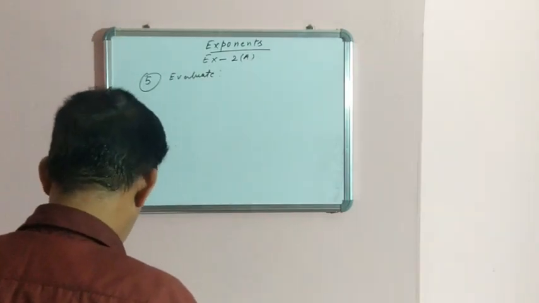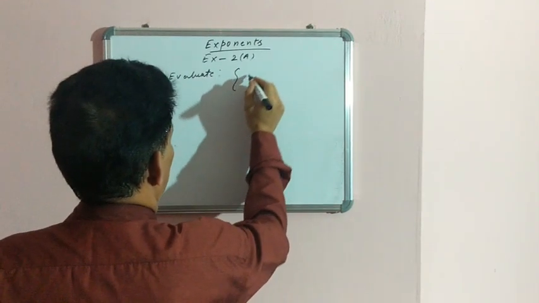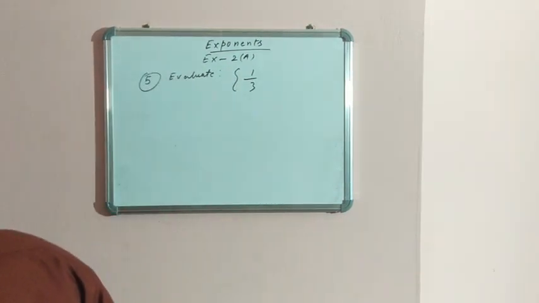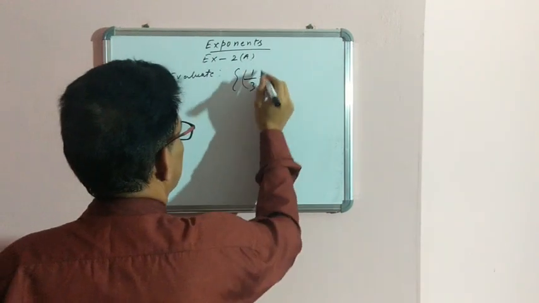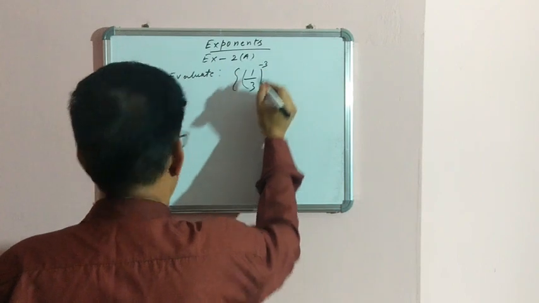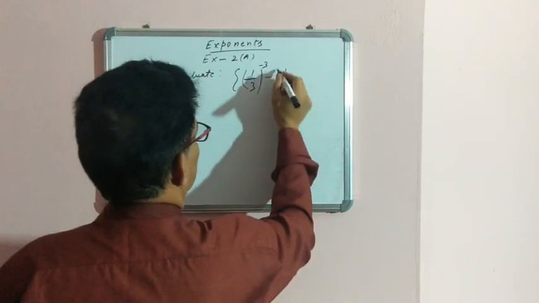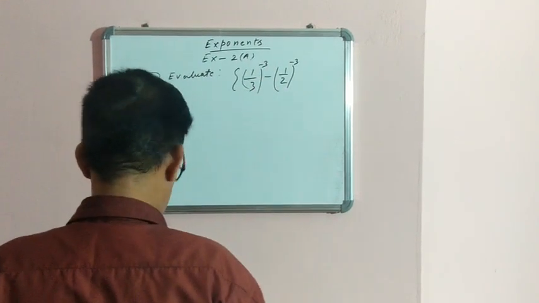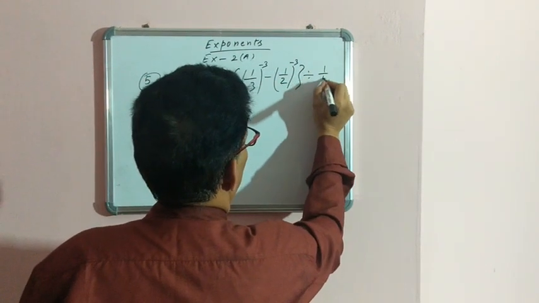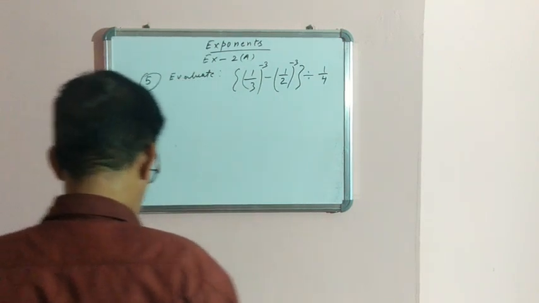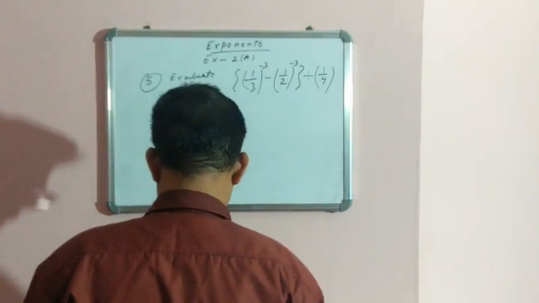Now we are solving question number 5. Evaluate, and the question is 1 by 3 power minus 3, into minus 1 by 2 power minus 3, this divided by 1 by 4 power minus 3.